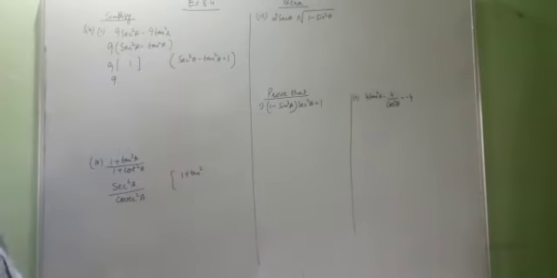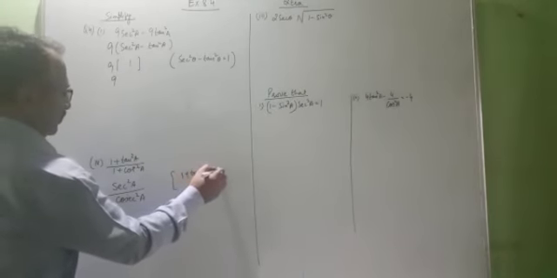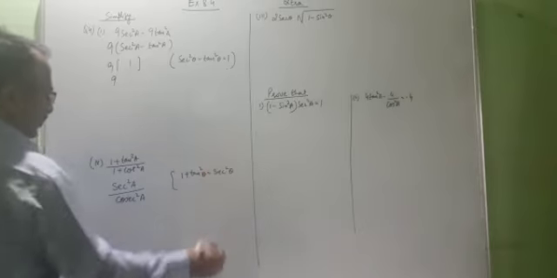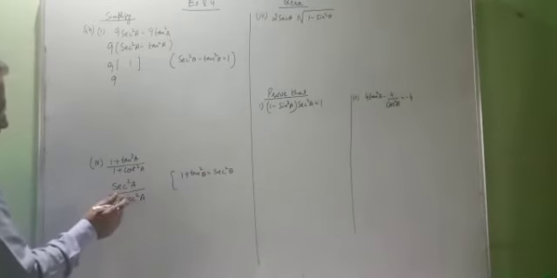It is used in this format: 1 plus tan square theta equal to secant square theta. Similarly, you can write for cosec.